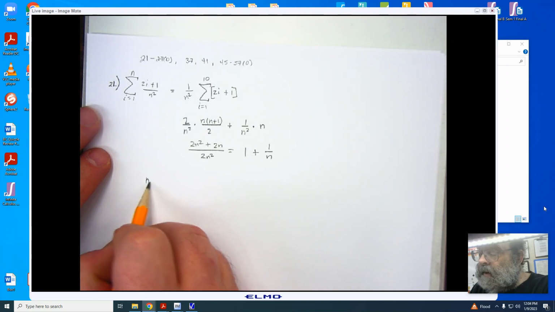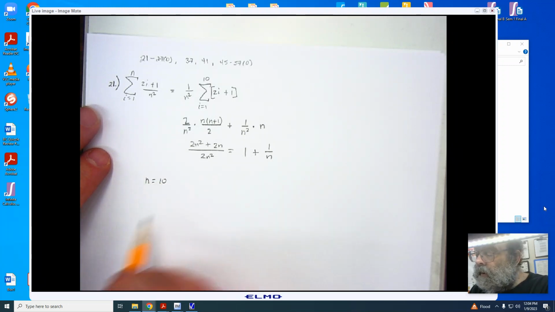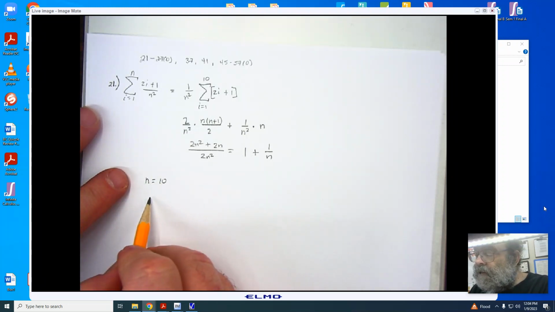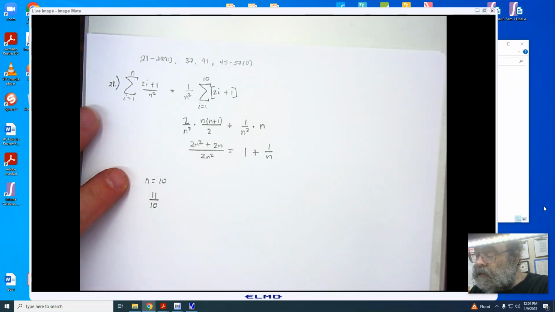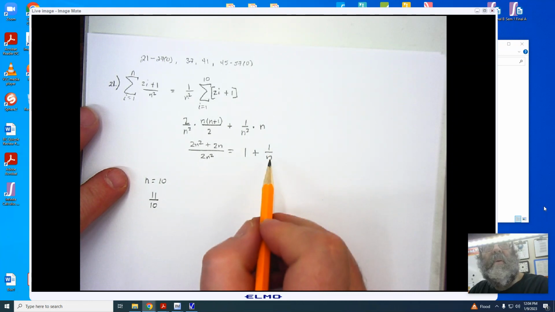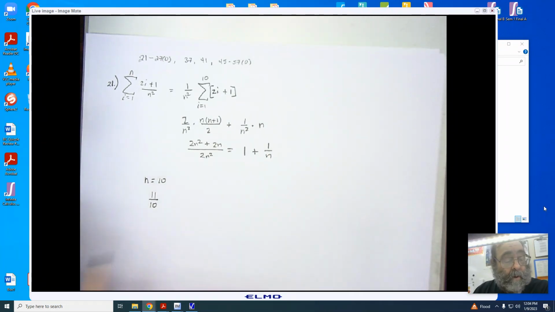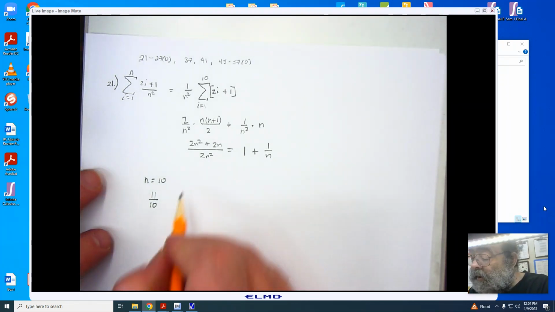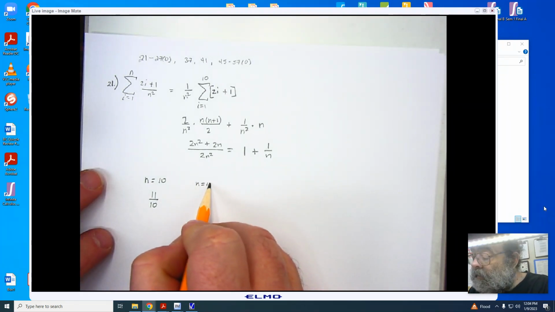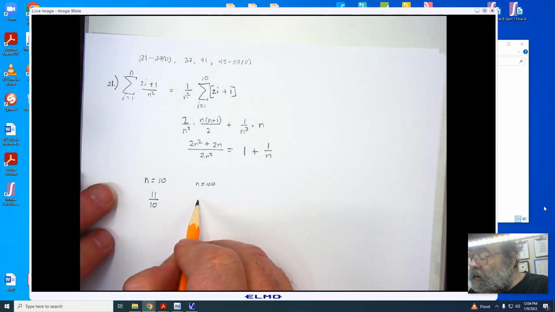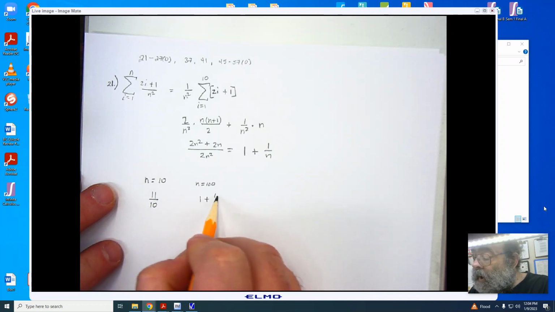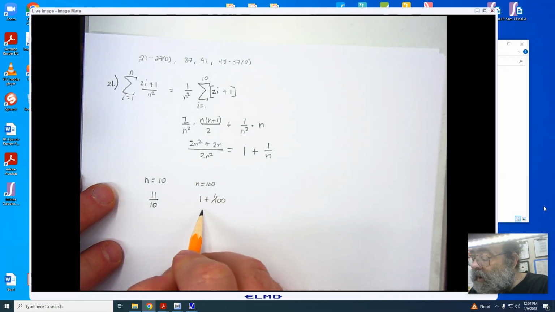And if I have n equaling 10, then I'm looking at having 11 tenths. Notice how I put that right in there. Then let's take a look at what happens if I have 100. N equaling 100 is 1 plus 100th, which I'm going to write as 1.01.